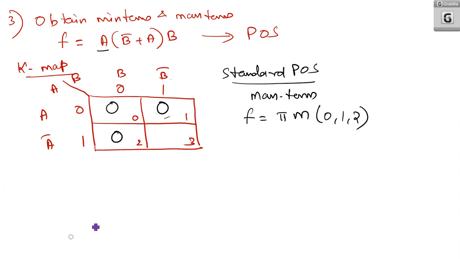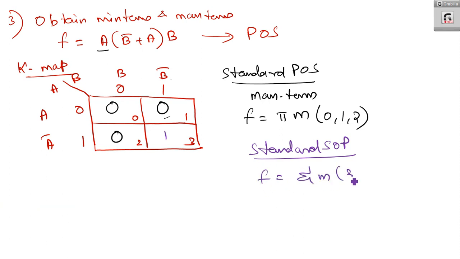That is the standard SOP form, F is equal to sigma m of 3, small m3. This you can write as capital M0 dot capital M1 dot capital M2.